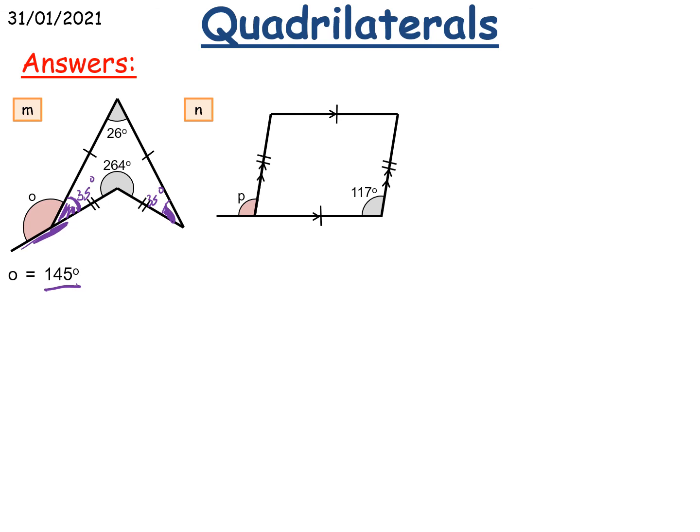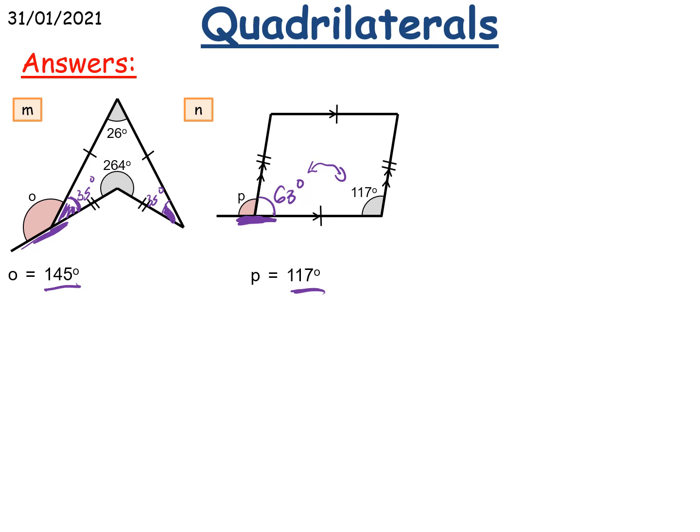Then P, well, if that's 117 degrees, then what would this angle be? Well, this angle will be 63 degrees because these angles are adjacent to each other and they add up to 180. Then this is a straight line here, so 180 take away 63 gives us 117 degrees.